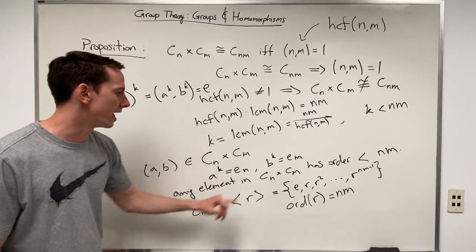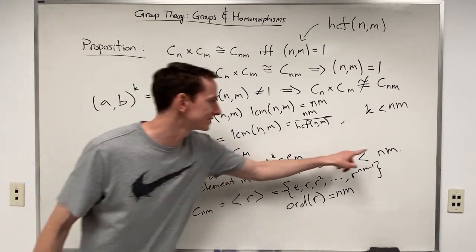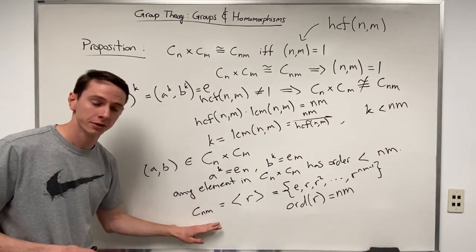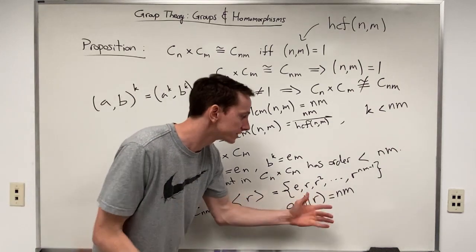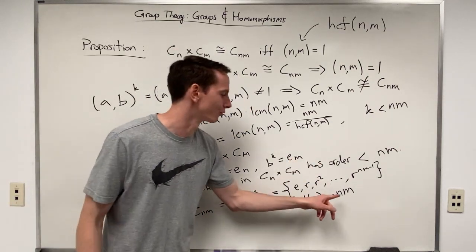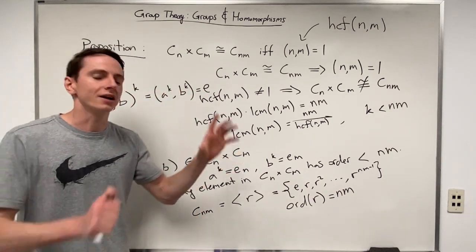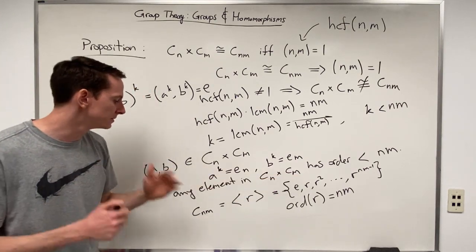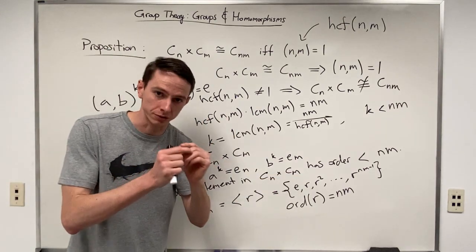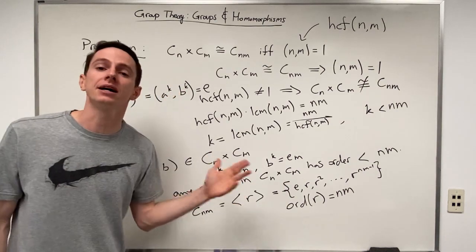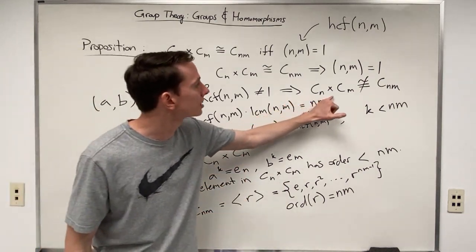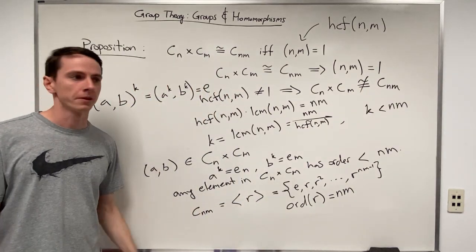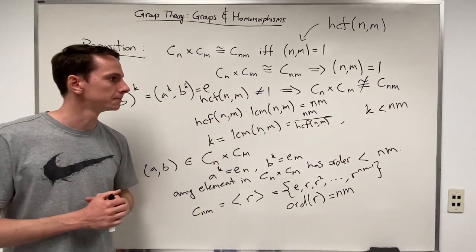There's no way that every element of this group has an order less than n times m, and that an element of this group does have an element of order n times m. So because the elements in this group and the elements in this group have different orders, therefore they cannot be isomorphic, and therefore Cn × Cm is not isomorphic to C_nm. Right? That proves the statement the other way around.